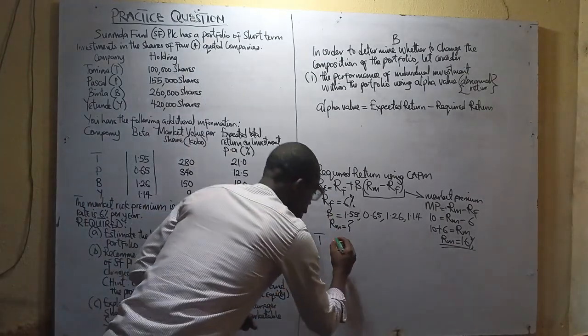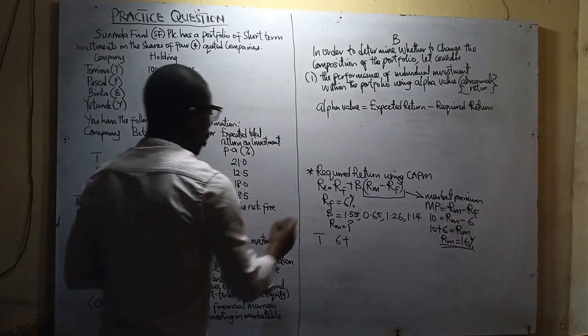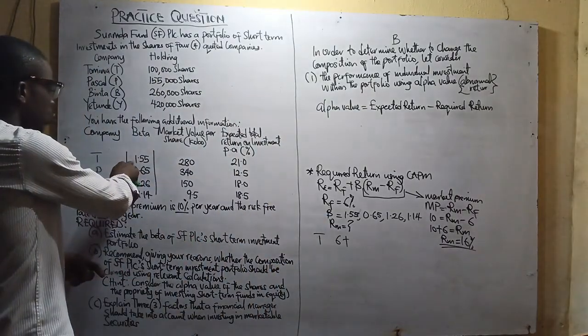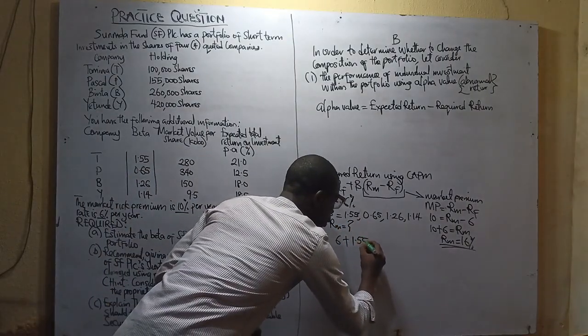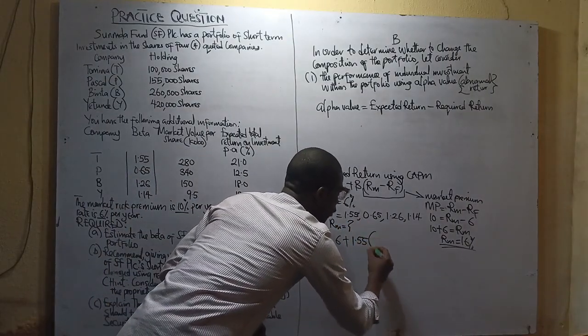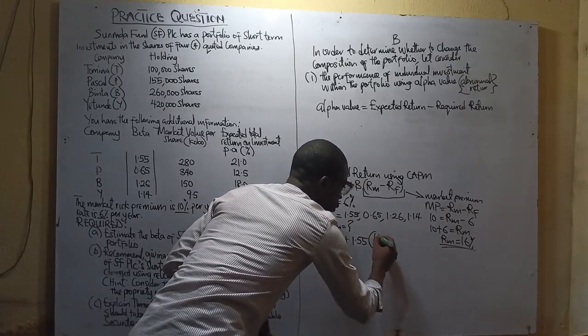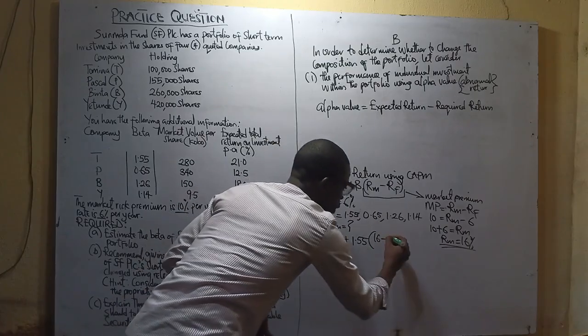Our risk-free rate is 6% plus beta. What's the beta of T? The beta of T is 1.5. We have written down here 1.5, bracket. Our market rate is 16% minus the risk-free investment, 6%.